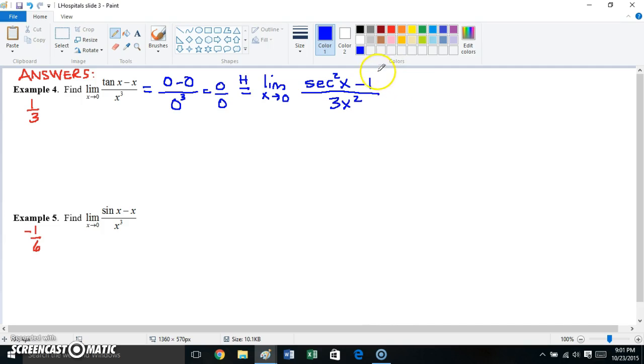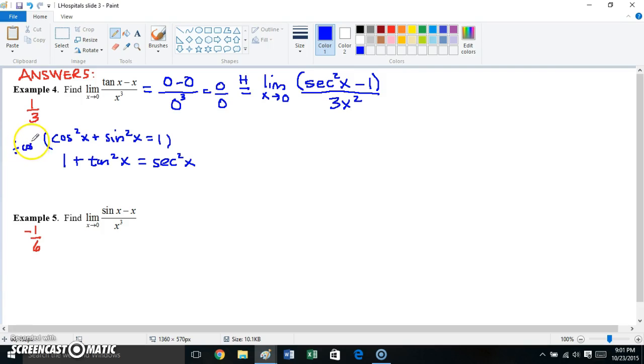Okay, now here it might be helpful if we remember what secant squared minus 1 is. So you remember that cosine squared x plus sine squared x equals 1. If I divide every one of these terms by cosine squared, I would get 1 plus tangent squared x equals secant squared x.